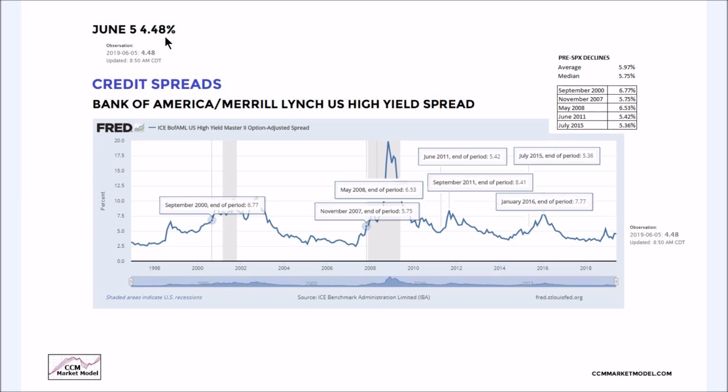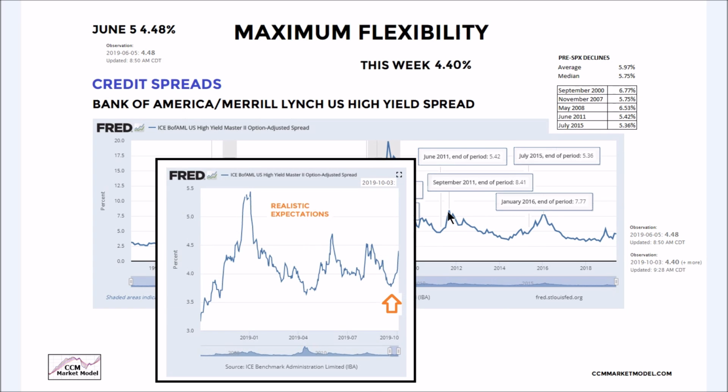Better, worse, or about the same? The answer is a little bit better, or potentially about the same. Somewhat of a mixed bag. This level here is not particularly alarming. 4.4 really doesn't look anything like roughly 6% or 5.75%, which would be really concerning from a historical perspective.